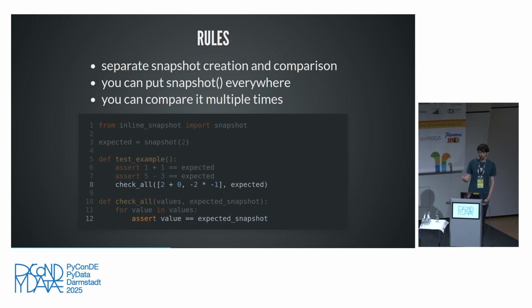But what inline snapshot offers you is the ability to change a lot of tests in one go when you have, for example, added a new property to your API, or when you did slight changes to something or changed wording for warnings. You can fix a lot of tests in one go without going through them manually, and this is a big time saver. Basically, the main use case is saving time.